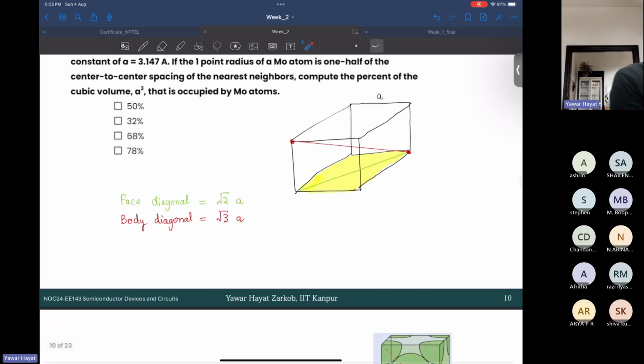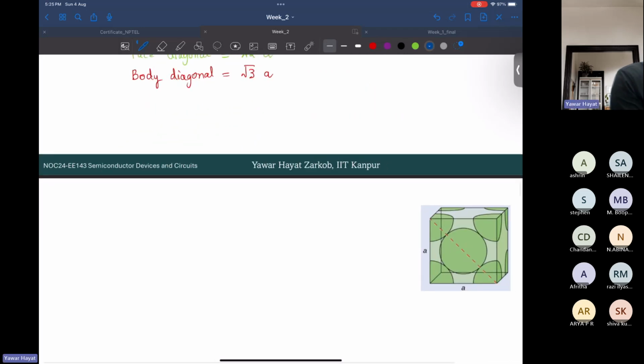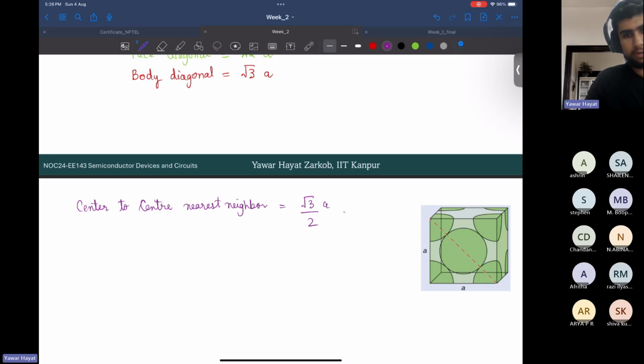So let me just write this. This is our center to center nearest neighbor, that is equals to root 3A by 2.